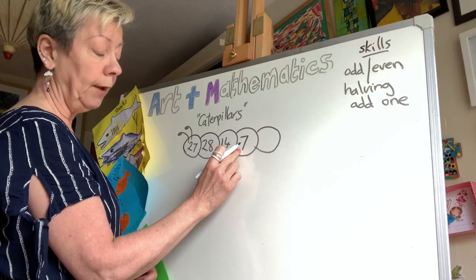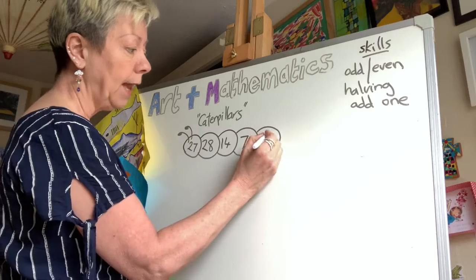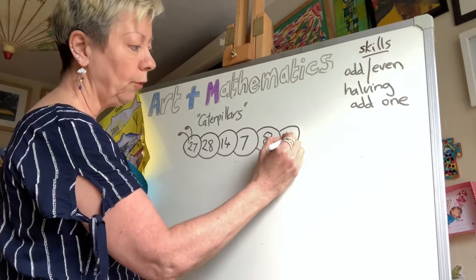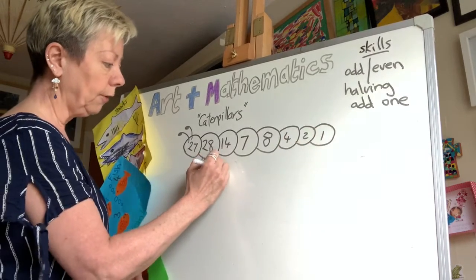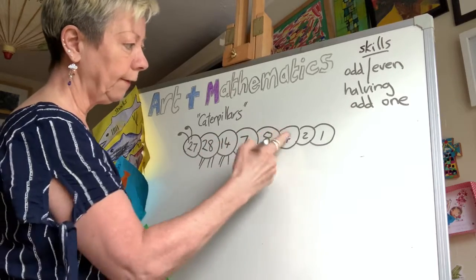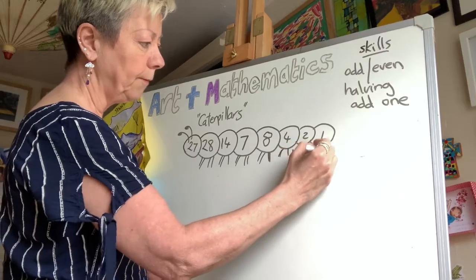It must be odd. It's not in the 2 times tables, I can't directly divide it in half. Add 1. 8. Half of 8, as you know, is 4. Half of 4 is 2, and half of 2 is 1. Okay, so there's your first caterpillar. 1, 2, 3, 4, 5, 6, 7, 8 segments. So that's quite a long one.